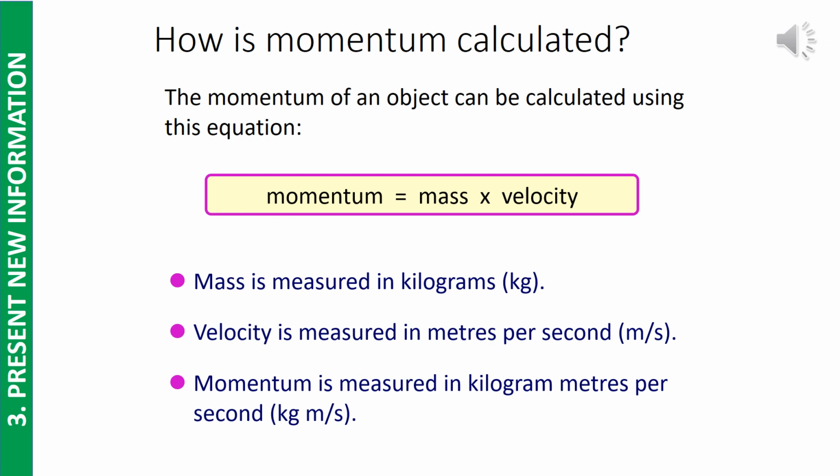Momentum is a new one for you, and momentum doesn't have any fancy units. It is quite simply made up from the equation itself. Because momentum is mass times velocity, the unit of momentum is made by multiplying the units of mass and velocity together. So that gives us the kilogram meter per second.